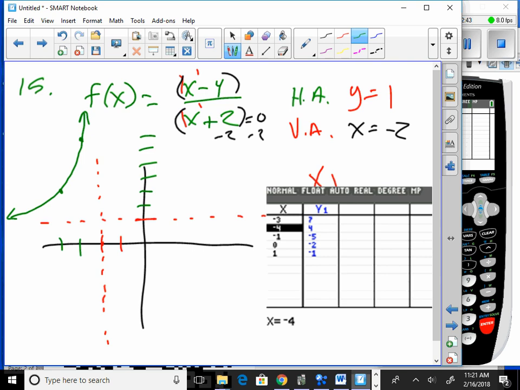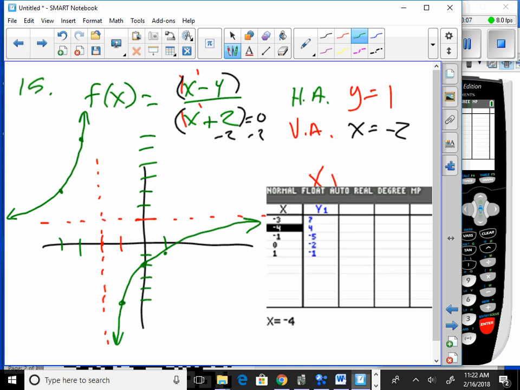Okay, now I'm going to graph my -1, -5. And then my 0, -2. And then I also have 1 there, so I'll graph 1, -1. Now again, I'm going to connect through those points, approaching my asymptotes. Like that.